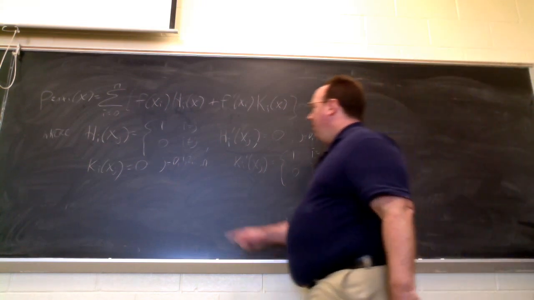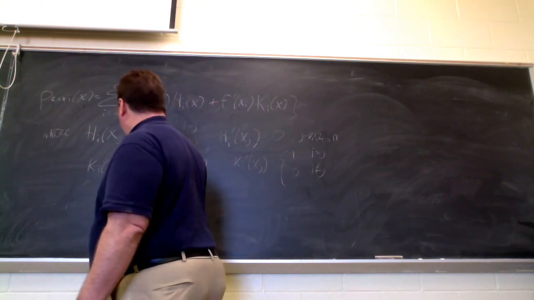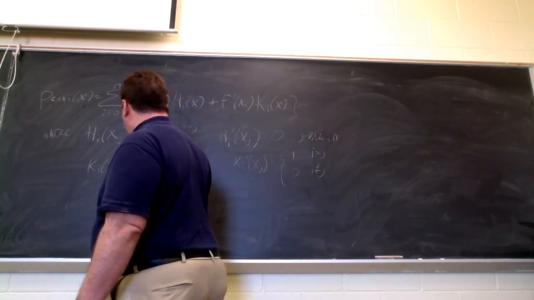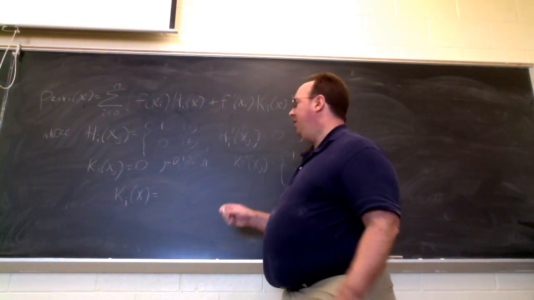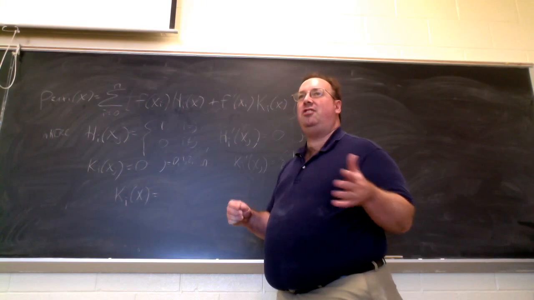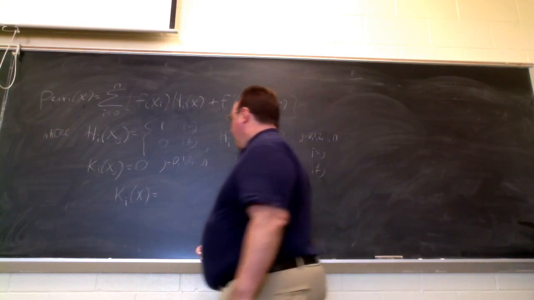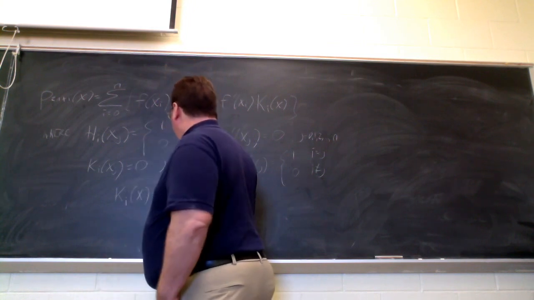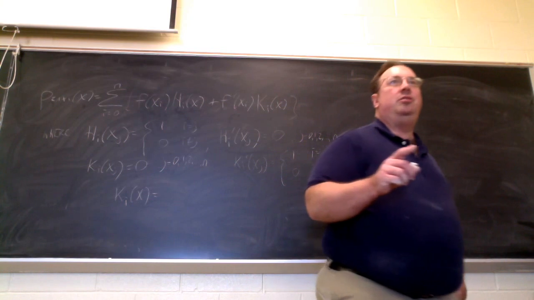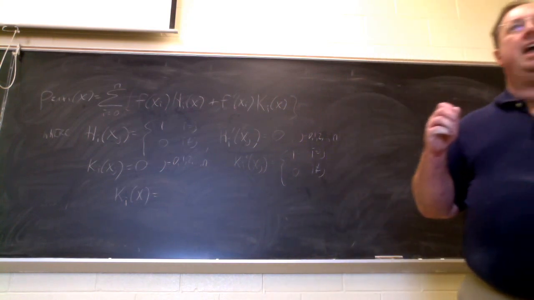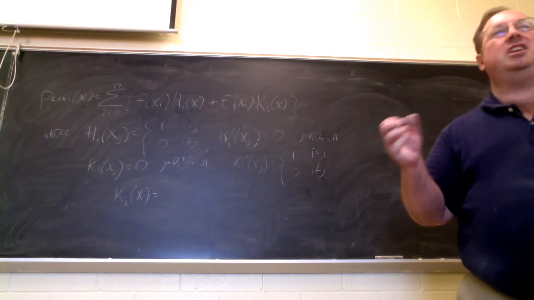So what we know about k_i of x is that this factorization has to include x minus xj squared for all i not equal to j. Now, what other polynomial includes the factorization x minus xj for all j not equal to i?